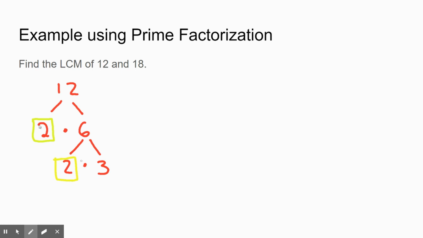Those are both prime numbers as well. So we can say that our prime factors for 12 are going to be 2, 2, and 3.